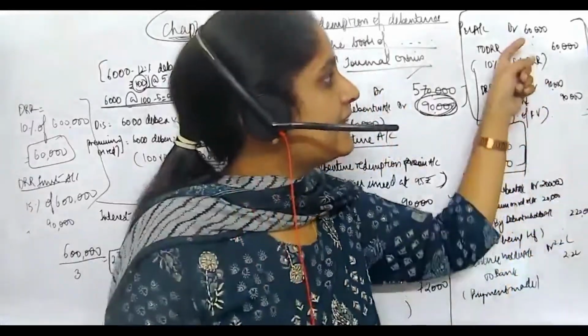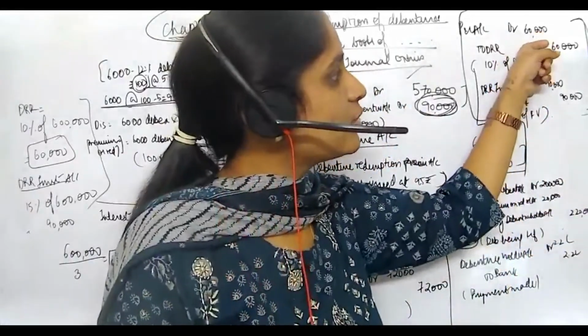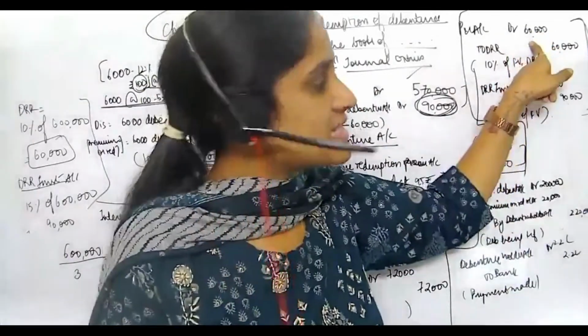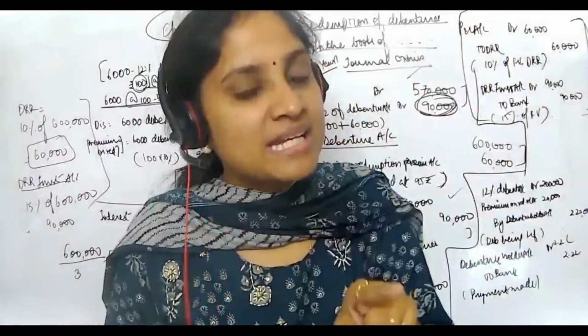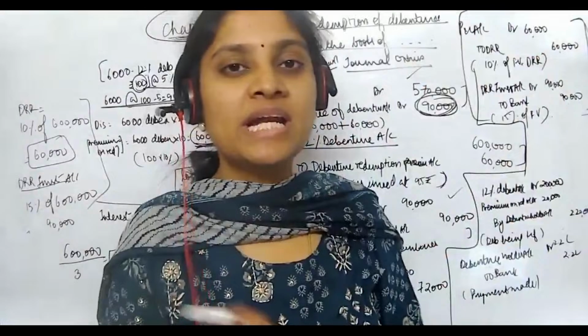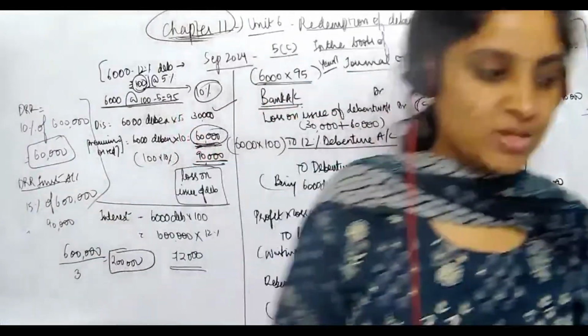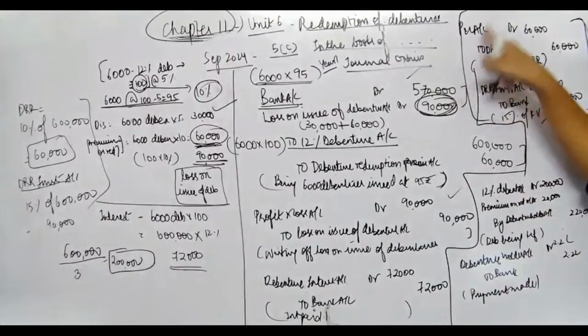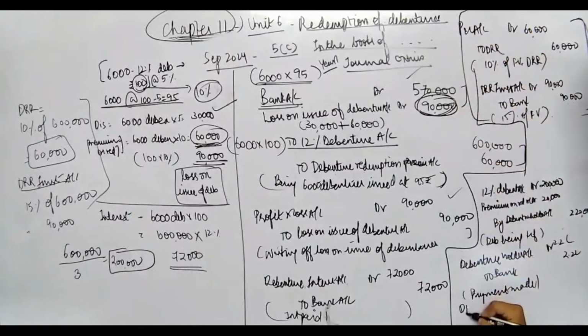So then in the first year, how much value will you transfer to the general reserve? Only out of 60,000 divided by 3. How much will you transfer? Only 20,000. So DRR account debit to the general reserve will be only 20,000.